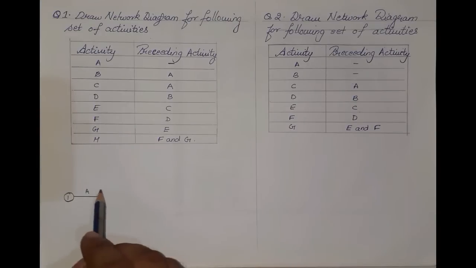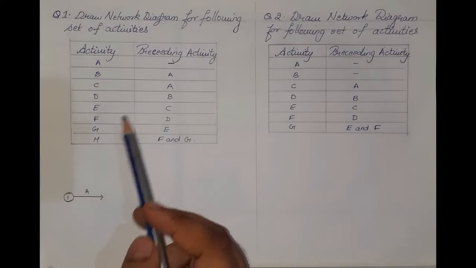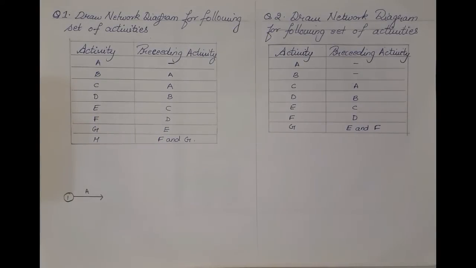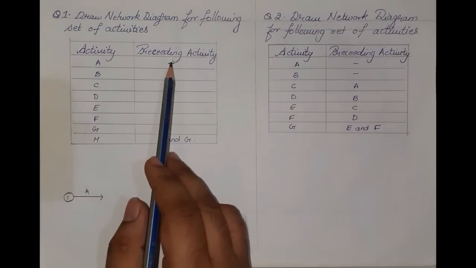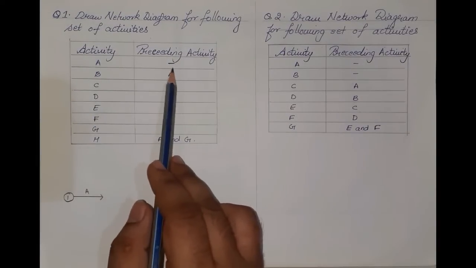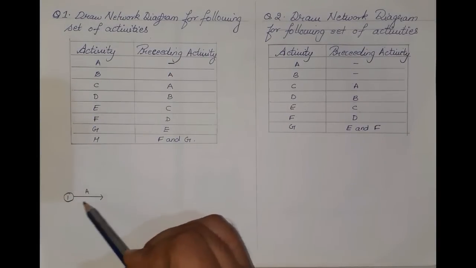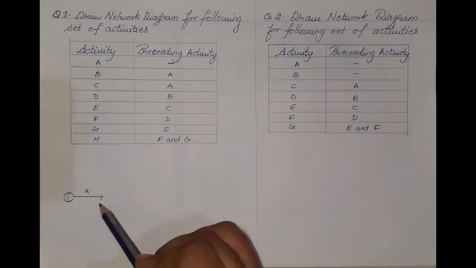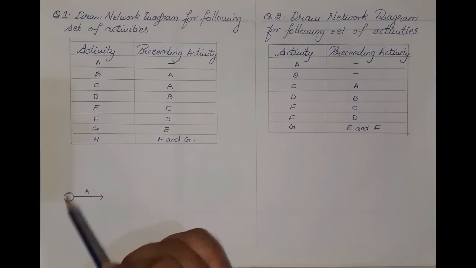Before drawing the activity, always check whether more than one activity comes out from the very first start point. In this case it was only one because before A there is no preceding activity. So we directly made the very first activity diagram.